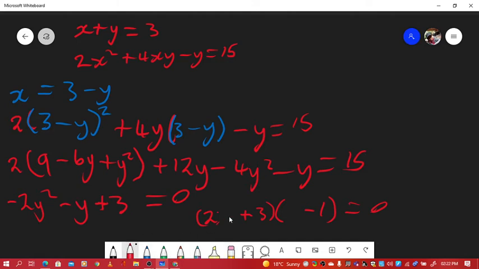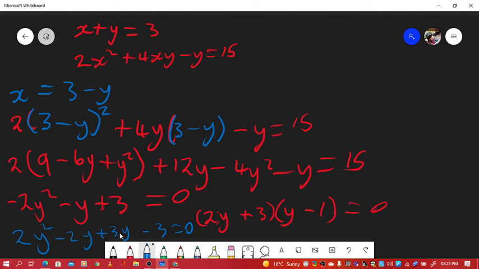So the variable that we are using is our y, not x. Forgive me for that. So if we multiply this by that, just to verify that we factored correctly, it's going to be 2y squared, this multiplied by that, minus 2y, this multiplied by that, plus 3y, negative 3 equals 0, right?